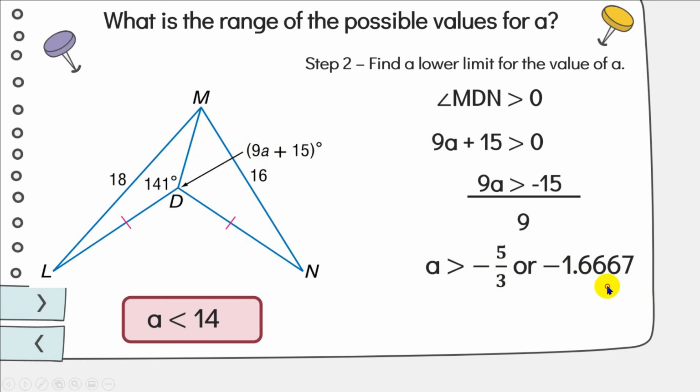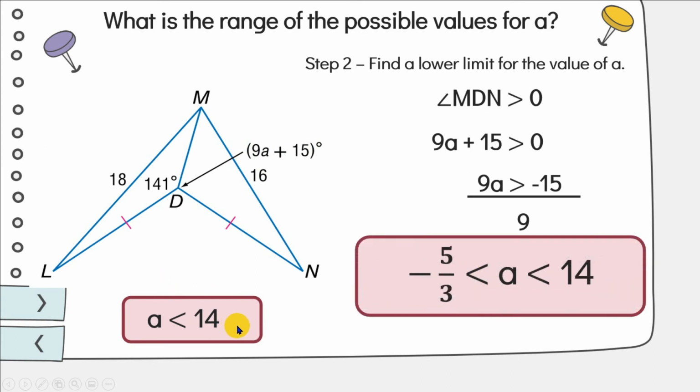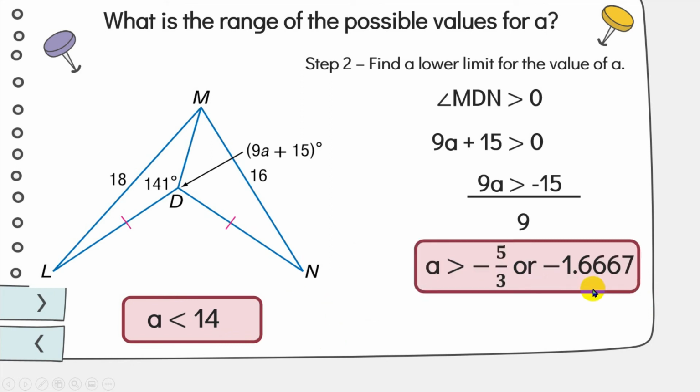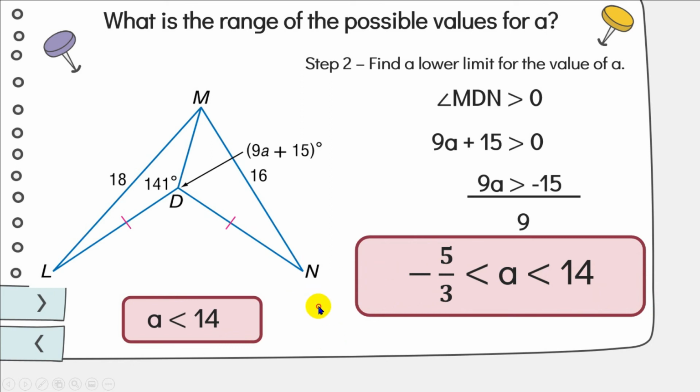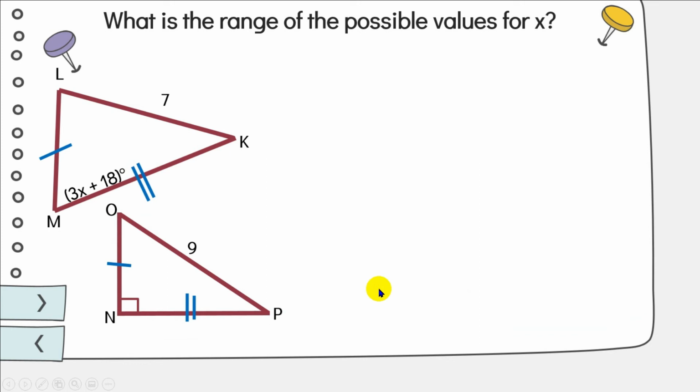So, para safe, pwede mag-start sa negative 1, sa 0, then 1, 2, 3 hanggang before 14. Or ito po yung magiging ating range of possible values. A is greater than negative 5 over 3 and less than 14. Okay? So, that's for our example number 4. Now, let's have our last and final example.